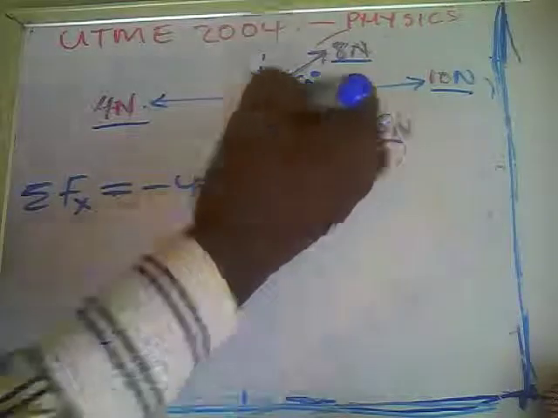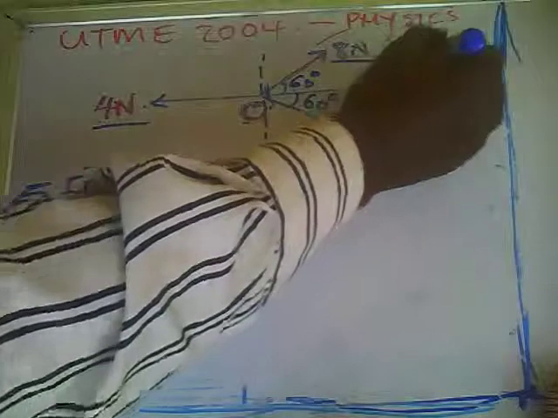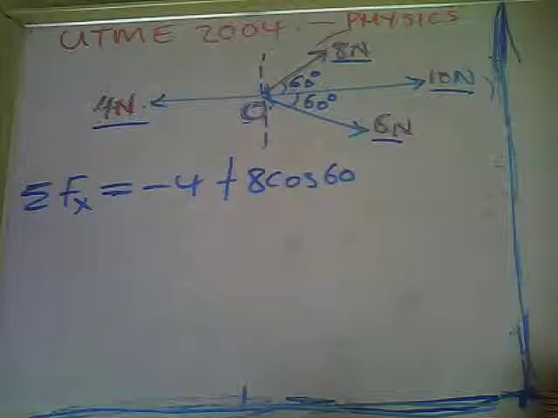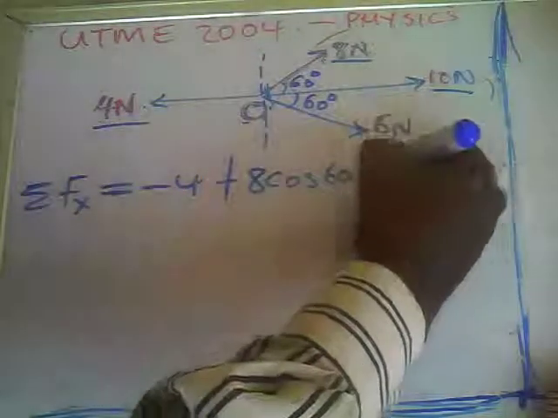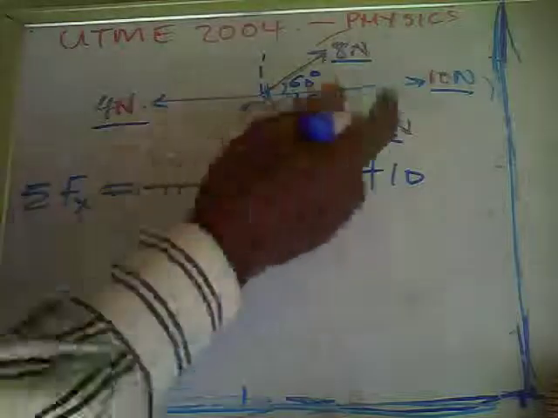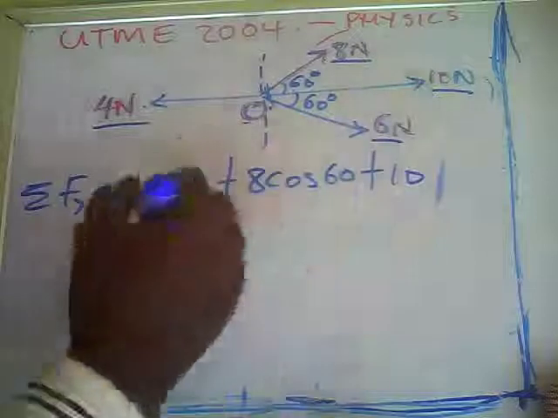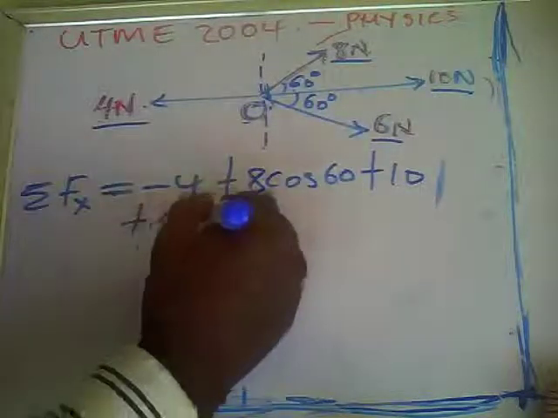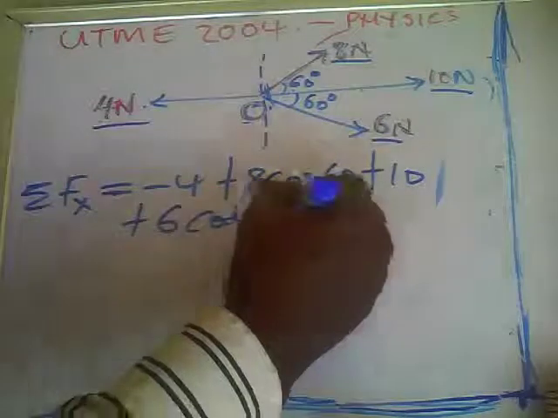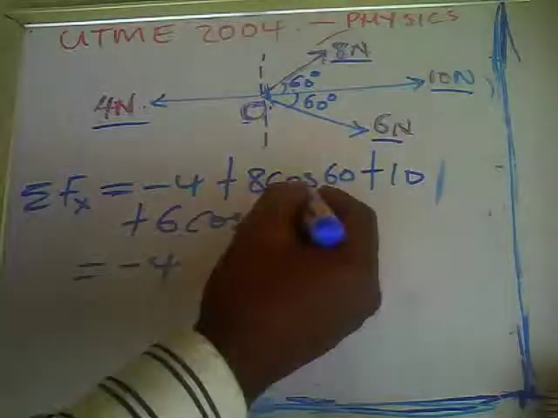Then 10 makes angle 0 with the horizontal, so it is just plus 10. Then the last one is 6 Newton, which also makes angle 60. That's plus 6 cos 60.